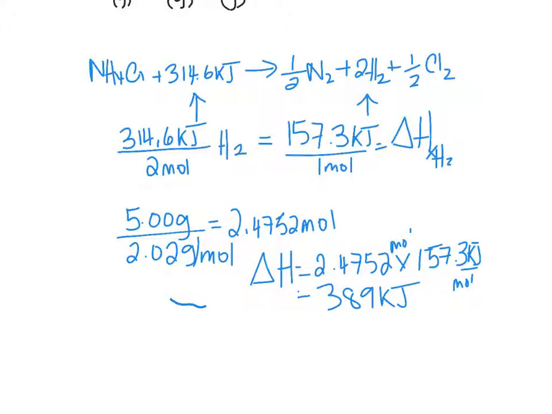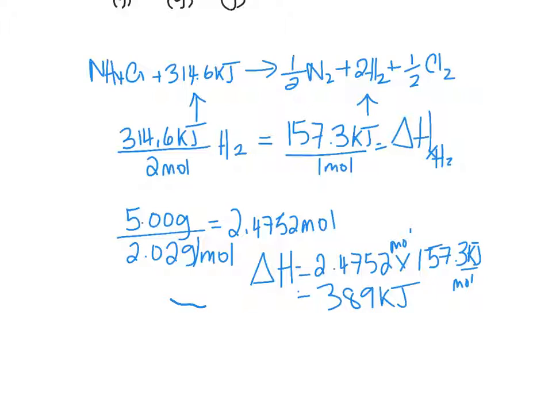What would you end up doing then if it asked you for chlorine? If I said I want to make 5 grams of chlorine gas, what would you do to this equation to figure out for chlorine gas? Would you divide the 314.6 by a half?